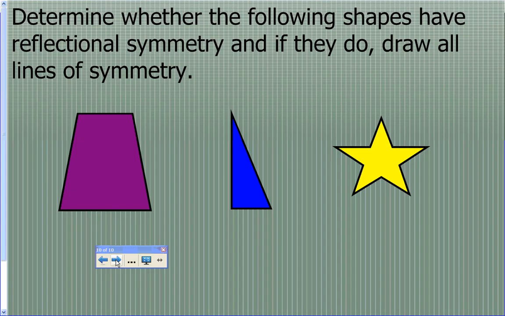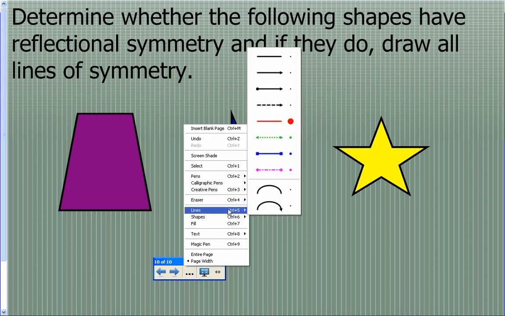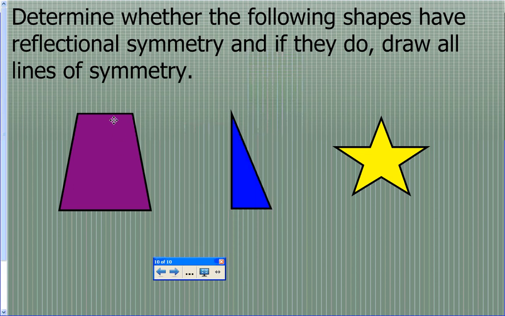So let's move on to some shapes. It says determine whether the following shapes have reflectional symmetry, and if they do, then draw the lines of symmetry. And again, there may be more than one line of symmetry. So let's look at this trapezoid first.